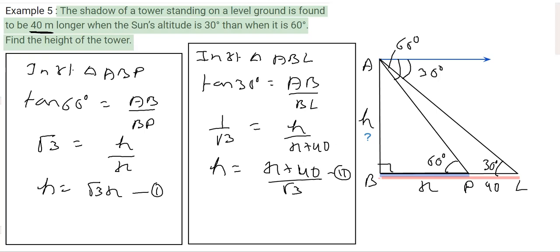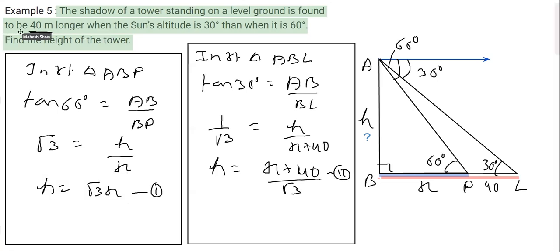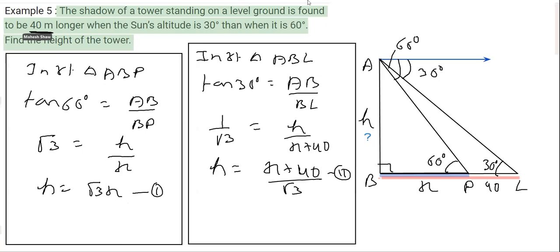Now we can equate these two equations to get the value of h. So from equations 1 and 2, we can write root 3 x is equal to (x plus 40) over root 3.